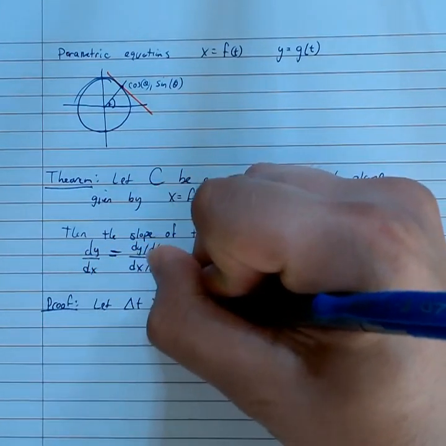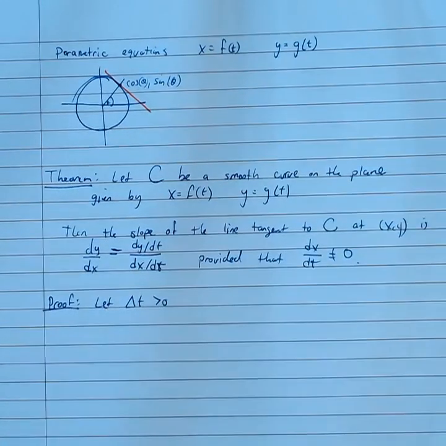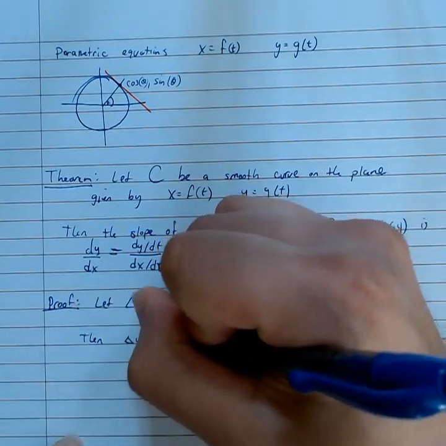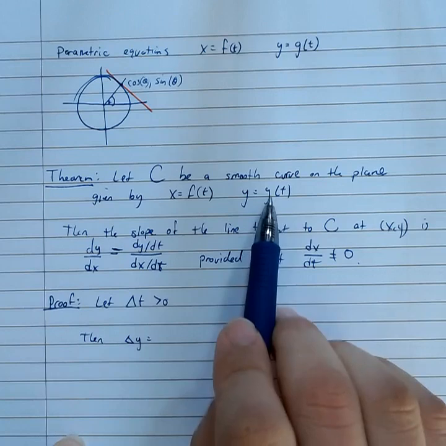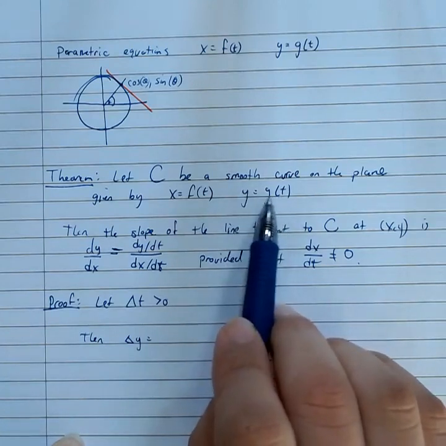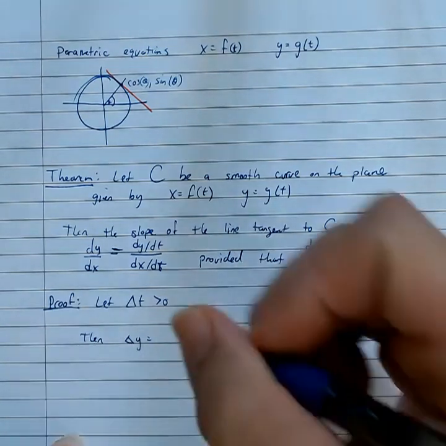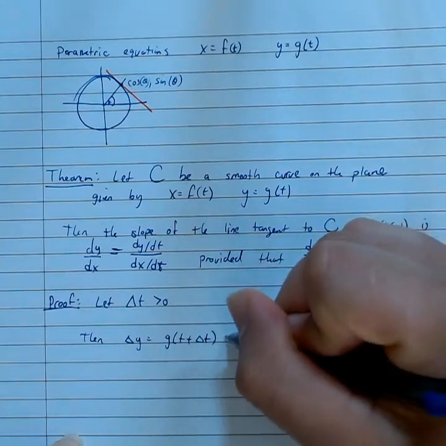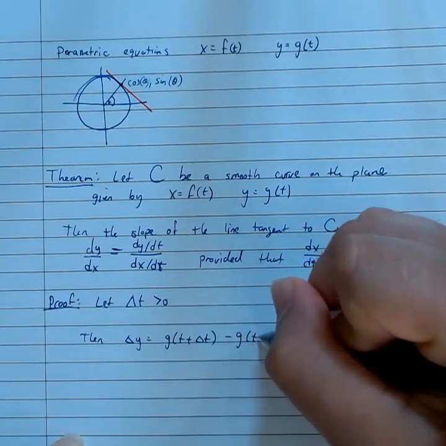Let delta t be some number that's greater than 0, and again, it represents a small change in t. Well, if that's the case, then a small change in y, notice y is given by g of t. So if I want a little change in y, it's going to require a little change in g. So that'll be g of t plus delta t minus g of t.